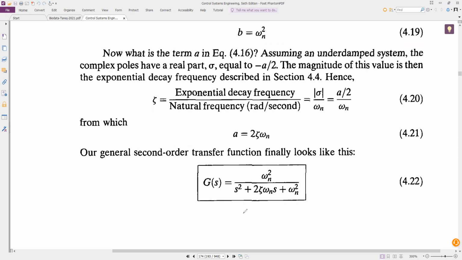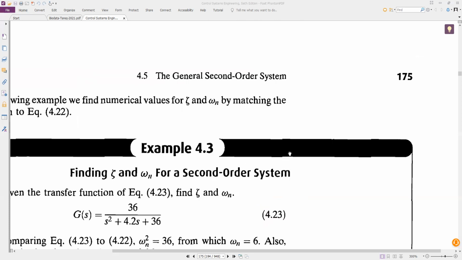From this equation, we can say that 2 zeta omega n is actually A, and omega n square is actually B. Okay, so we get this. From here, we can draw some kind of conclusion.